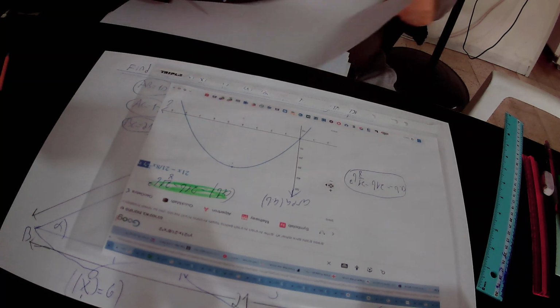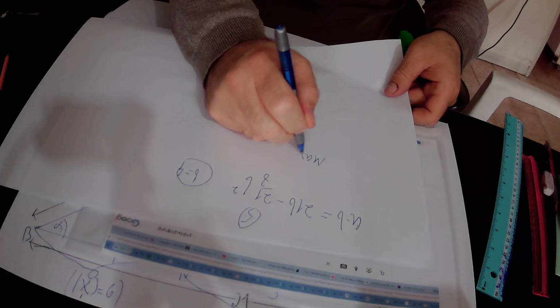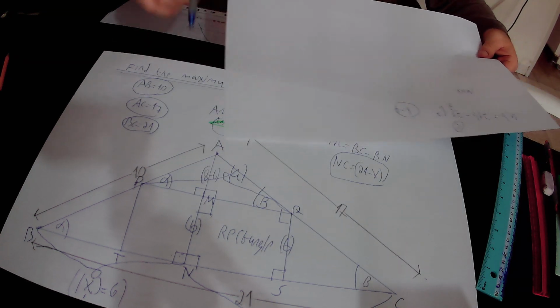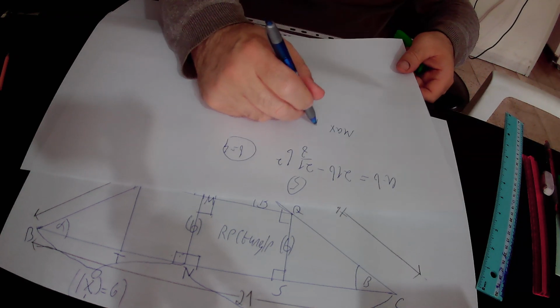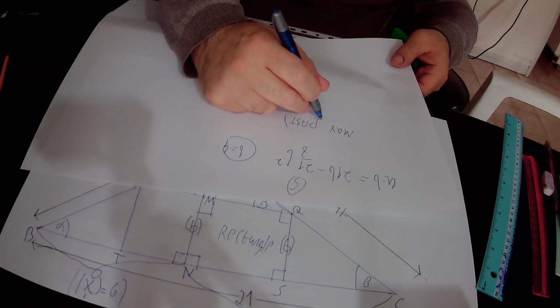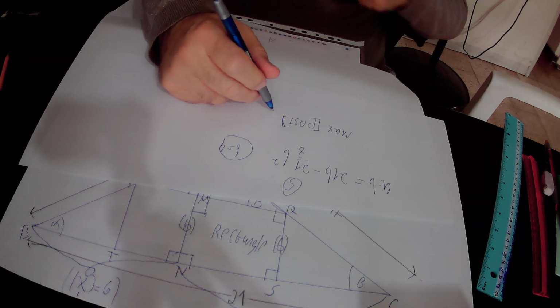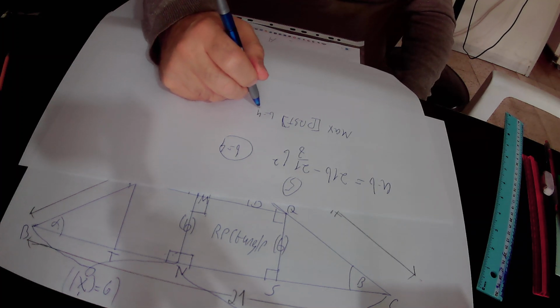So the maximum area of rectangle PQST is when B equals 4.